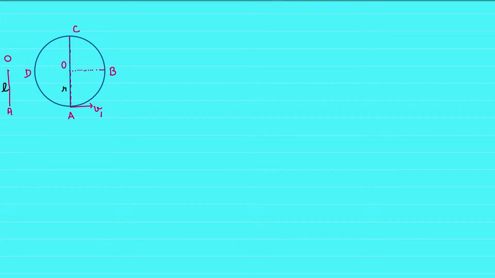Now this motion is a case of non-uniform circular motion. And how can we say that? Because the velocity is changing its magnitude as well as direction.